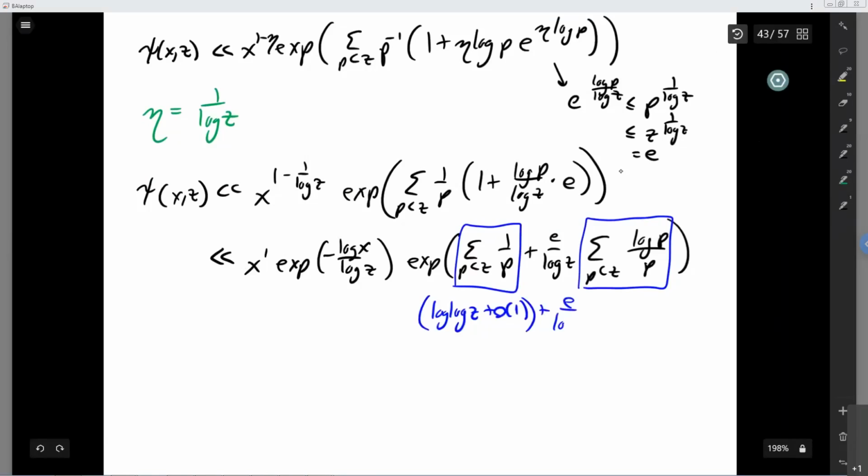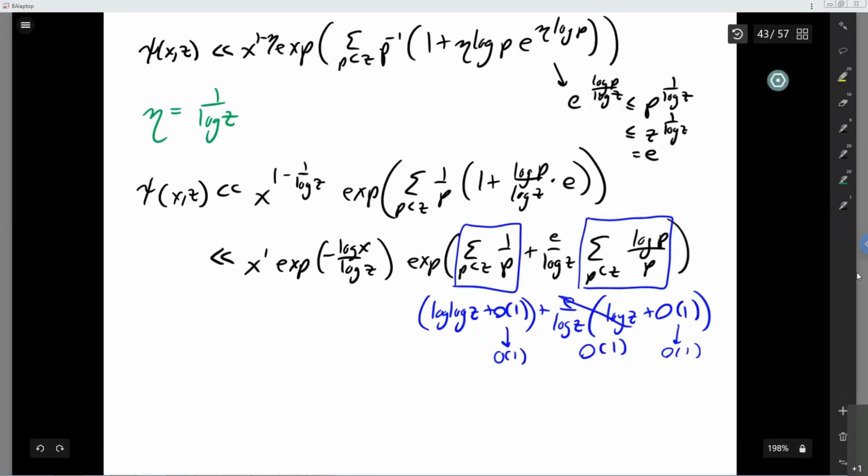This one will get e over log z times log z plus big O of 1. And there's a whole bunch of cancellation. E over log z times log z, that's just e, it's a constant. E over log z times big O of 1 is smaller than a constant. So really, this is big O of 1. This is big O of 1. This is big O of 1.